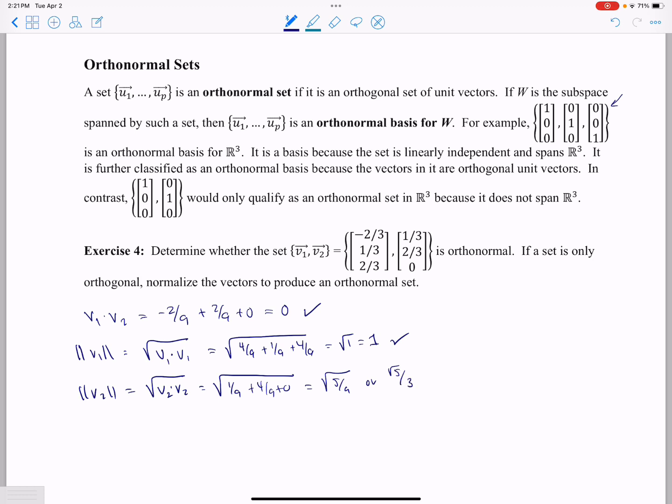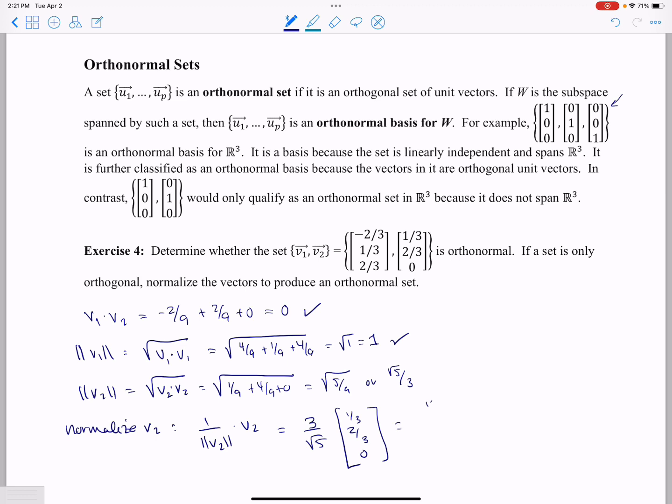That is not equal to 1, so I need to normalize this vector, and to normalize it I want to divide by its norm. So normalize v2 by taking 1 over the norm of v2 times v2. So this is 3 over square root of 5 times (1/3, 2/3, 0).